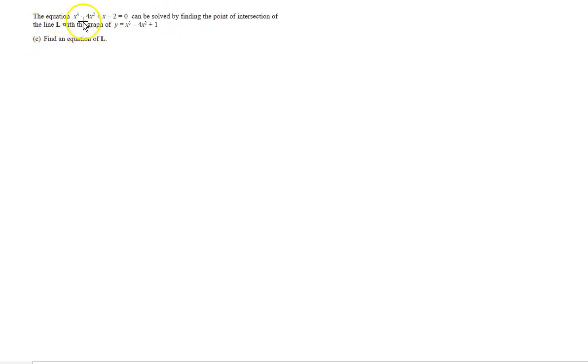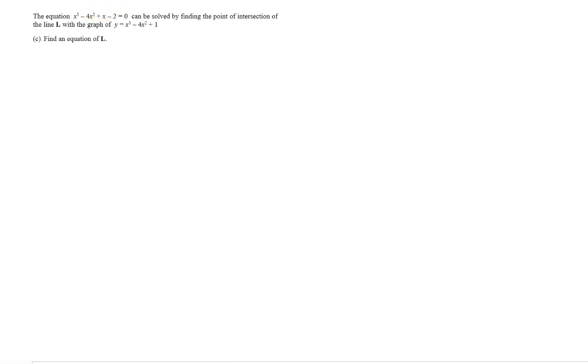The equation x cube minus 4x square plus x minus 2 is equal to 0 can be solved by finding the point of intersection of the line L with the graph y is equal to x cube minus 4x square plus 1.